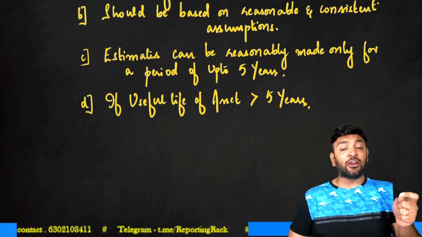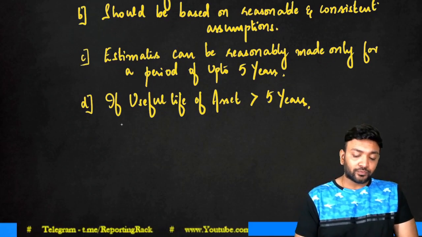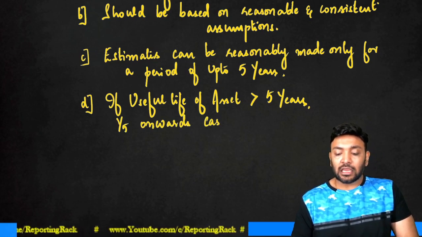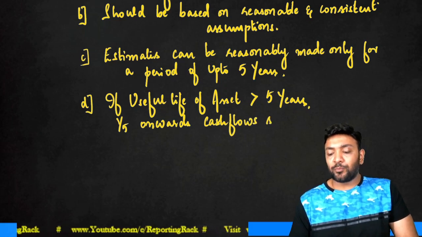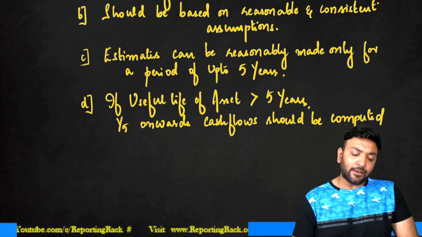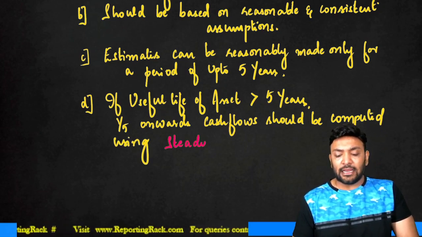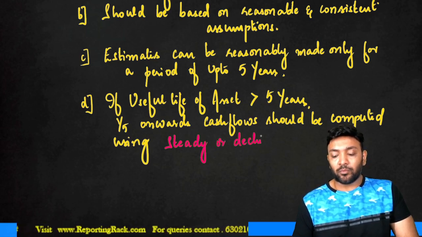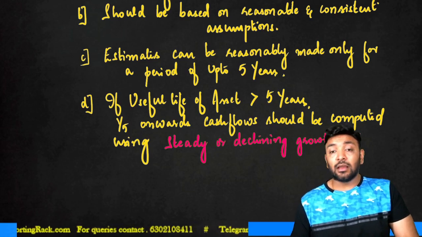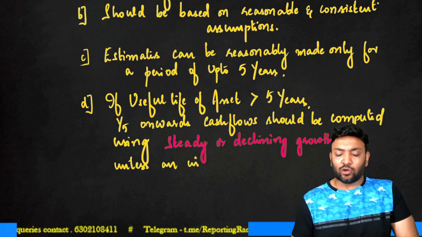When your useful life is more than 5 years, but you can make a reliable estimate only up to 5 years, then beyond 5 years, in year 5 onwards, cash flows should be computed using a steady or declining growth rate, unless an incremental growth rate is justified.